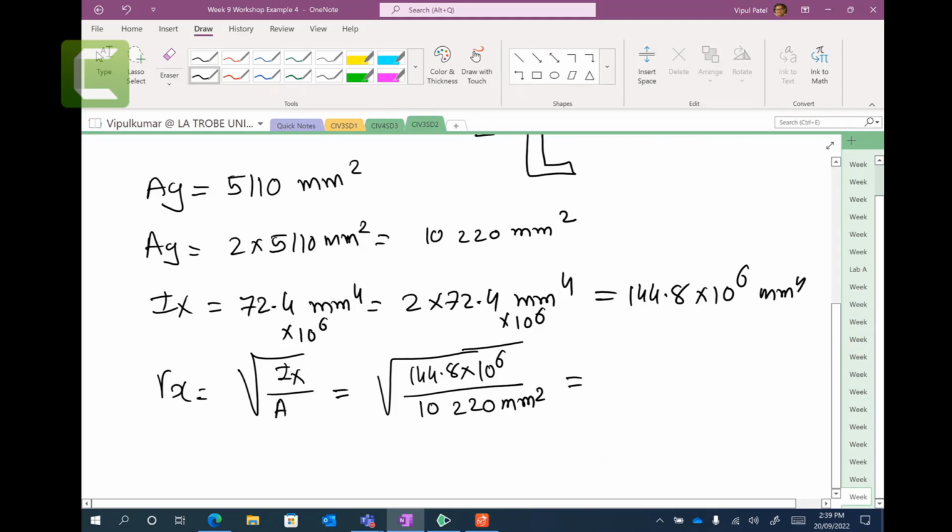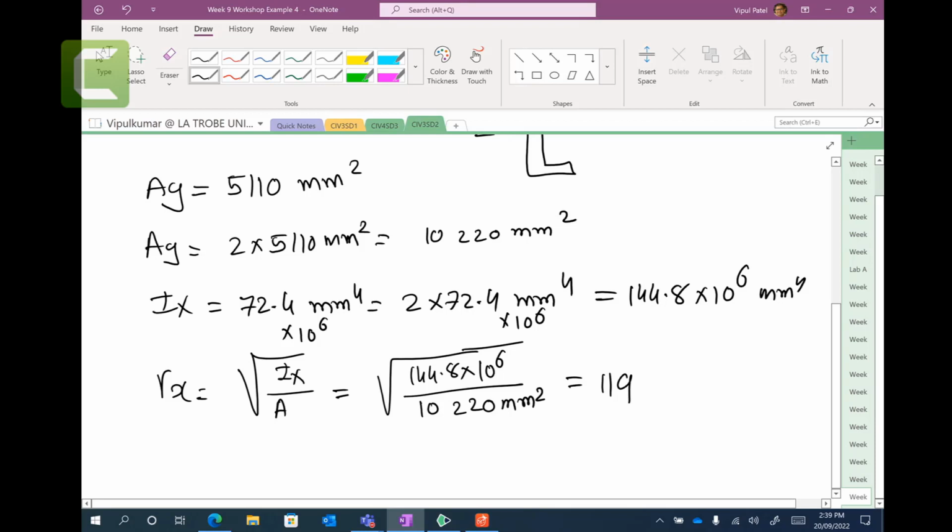Square root, the answer is 119. Okay, that's the radius of gyration about the x-axis.